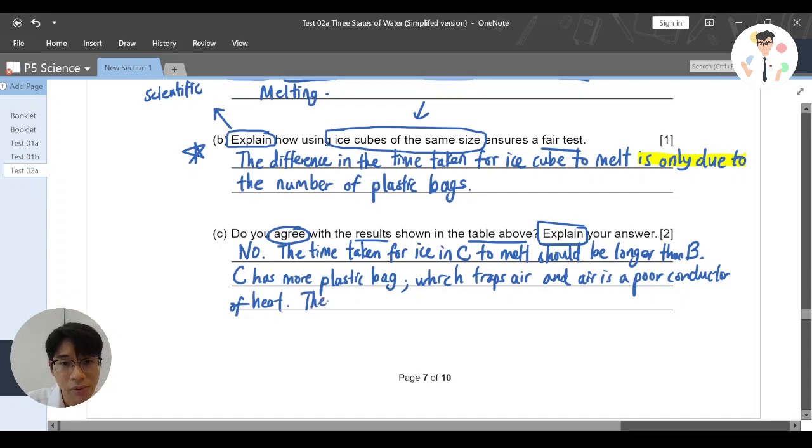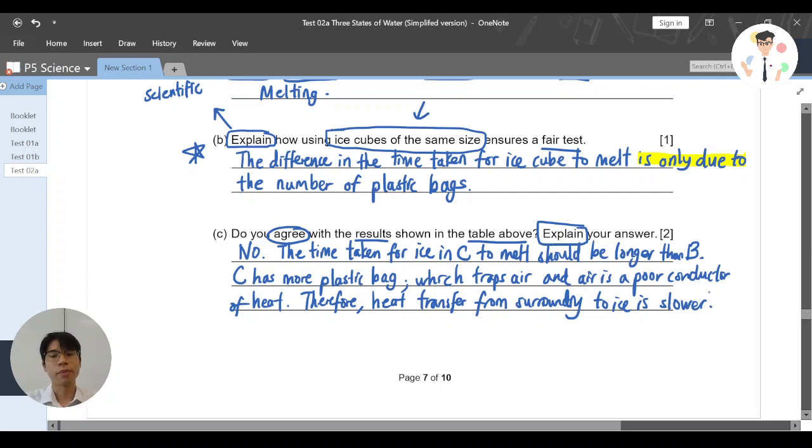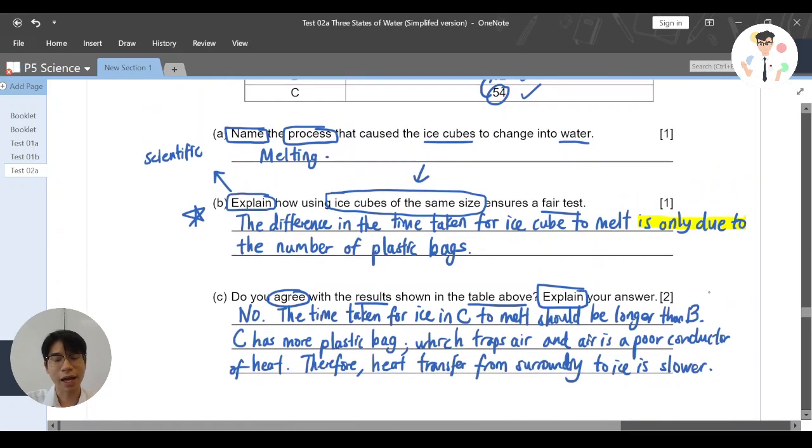Therefore, heat transfer from the surroundings to the ice is slower. Okay, you can pause and write. Now, that is basically the idea.